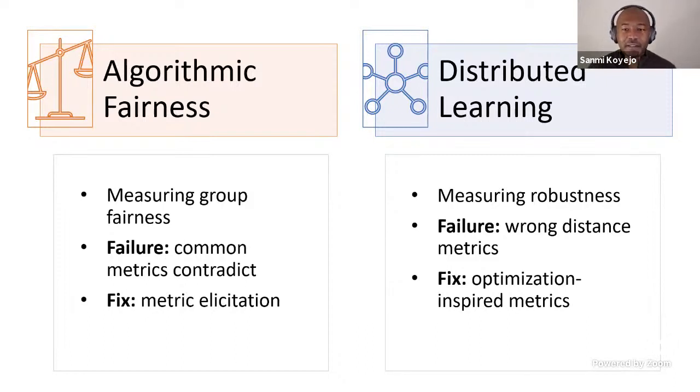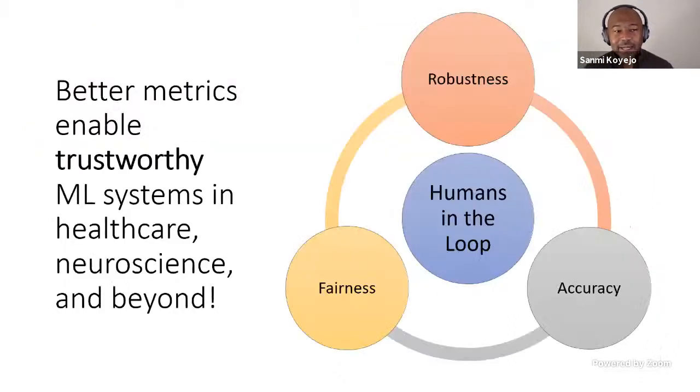And I talked about metrics from the point of view of distributed machine learning, a different case, where here we're interested in robustness measurements, and pointed out a failure of some of the existing methods that purely look at robust averaging in terms of Euclidean distance, and talked about how different notions of distance might be more appropriate for ensuring robustness in distributed learning.